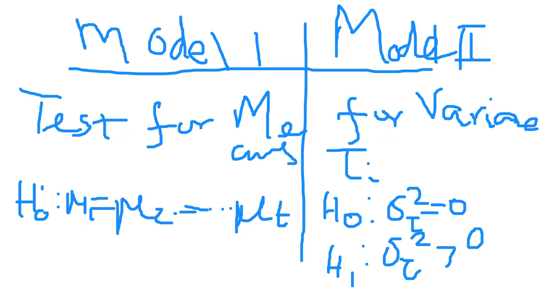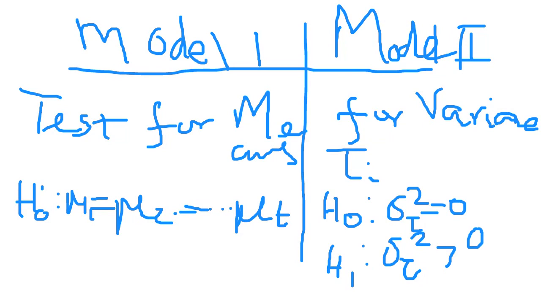So now, when coming to constructing an ANOVA table, the procedure is the same. You just construct the ANOVA table the way you've been doing. The only difference is the hypothesis, which is the first part, and the conclusion, obviously to be affected, because here you are not testing for the means.